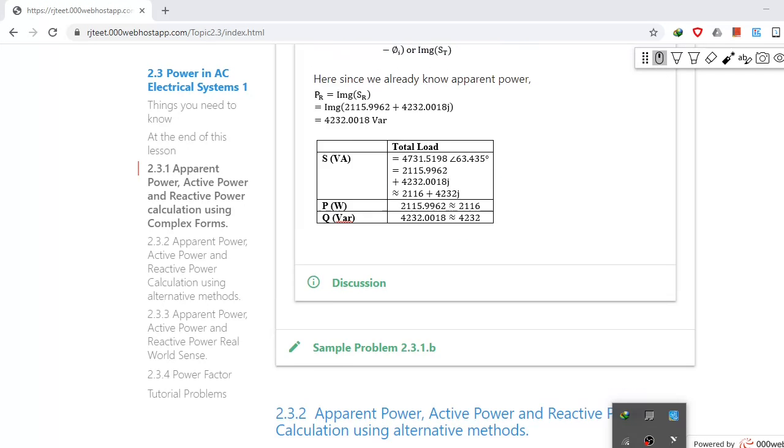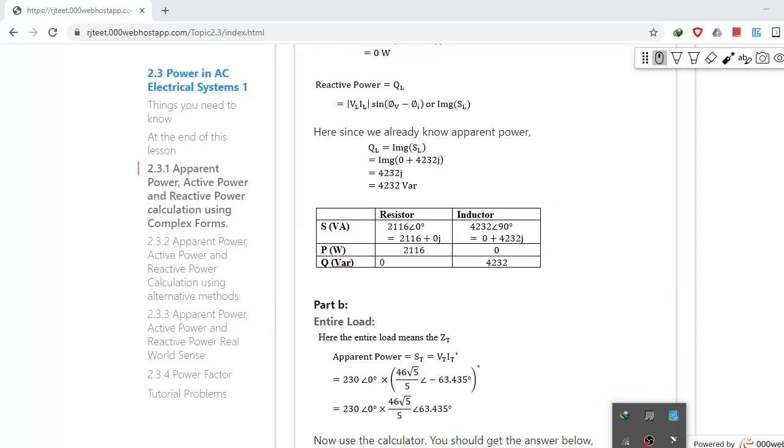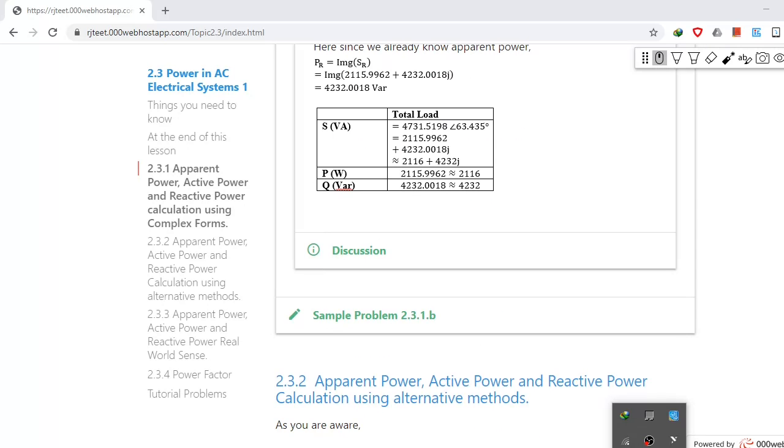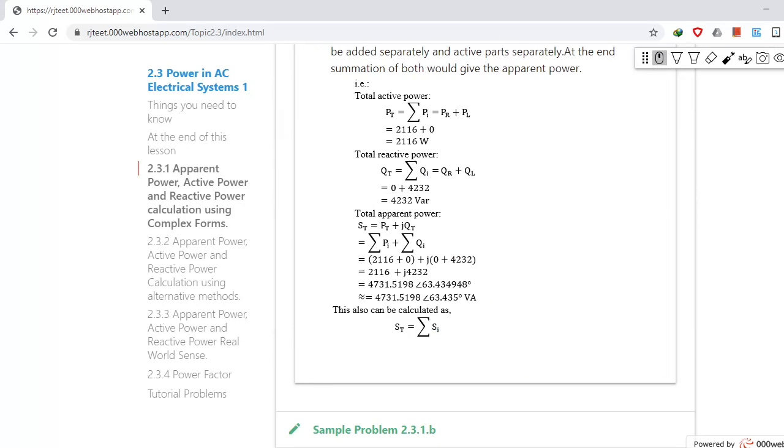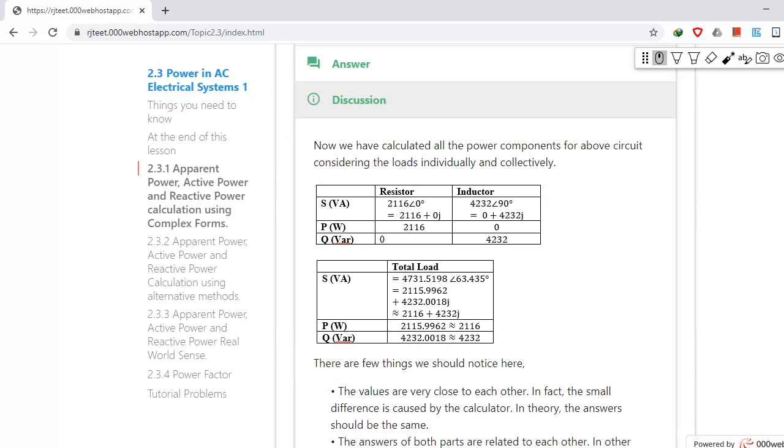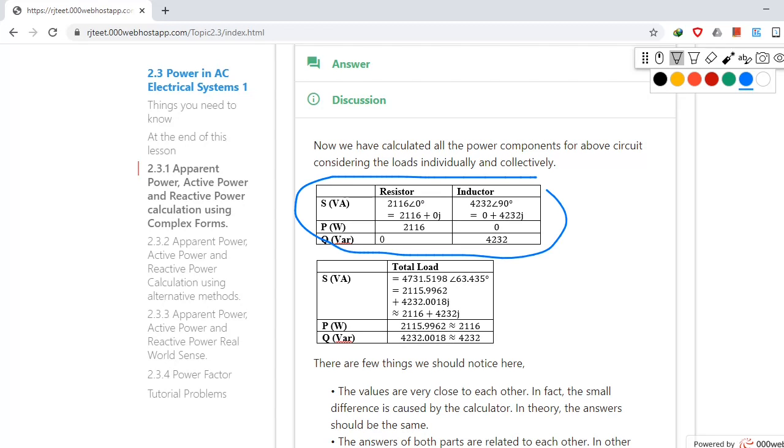Right, and if you look back at our results as a comparison, as a discussion, these are the results we have. These are the results from the first part, and this is going to be the second part.